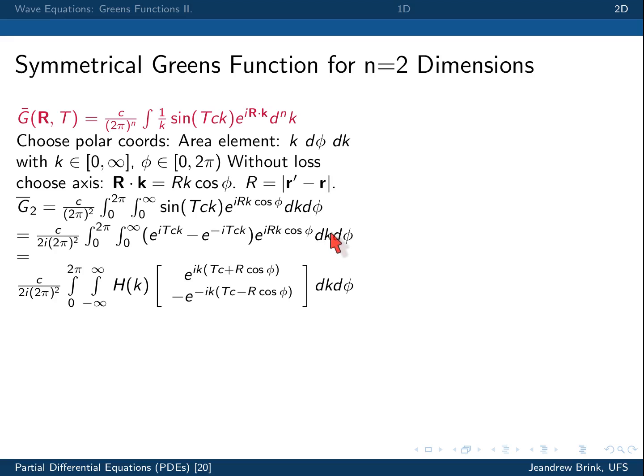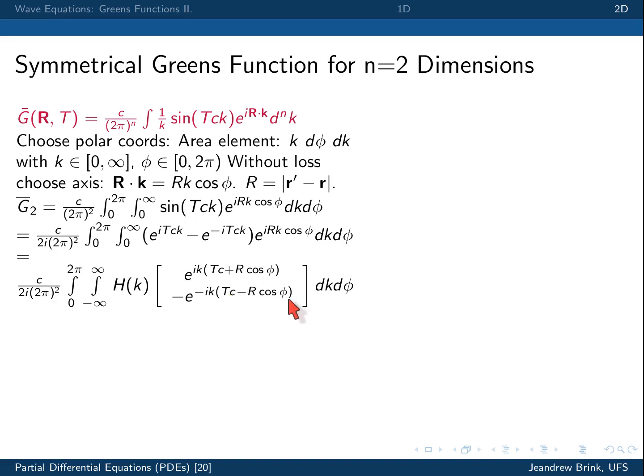The way we go from that to a Fourier transform in 1D is simply to add a step function in k. In other words, this is positive only if k is positive and 0 otherwise. So these two integrals are exactly equal, and we've also combined the exponents out here. So here we have ik times (tc plus r cos φ), and here we have minus ik times (tc minus r cos φ).